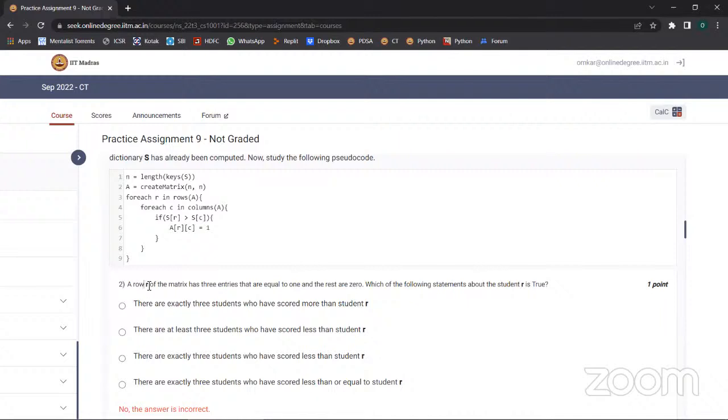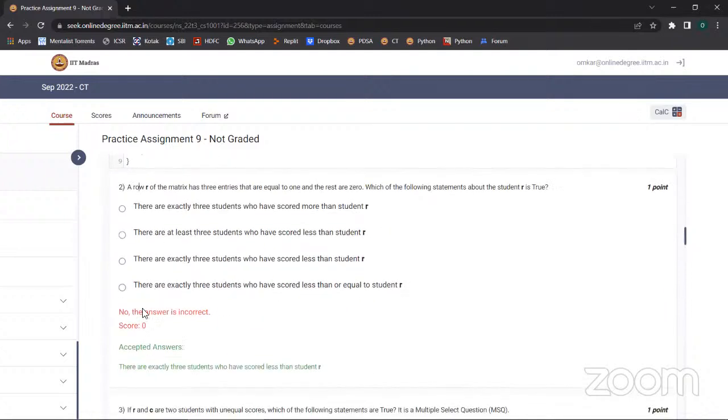In a row, those 3 entries are 1. What does that imply? That R has higher marks than others, exactly 3 others. There are exactly 3 students who have scored less than student R.